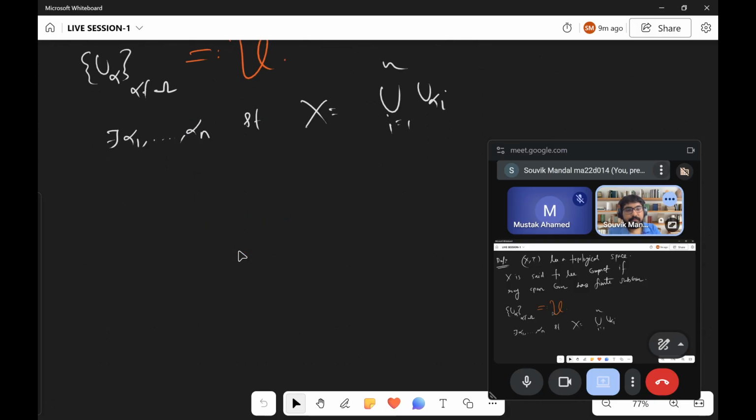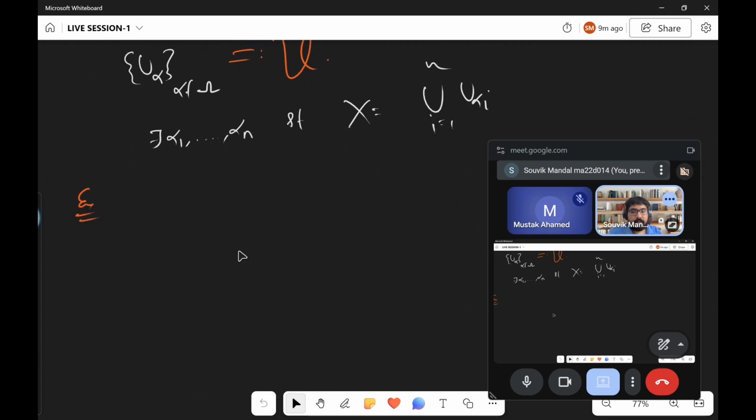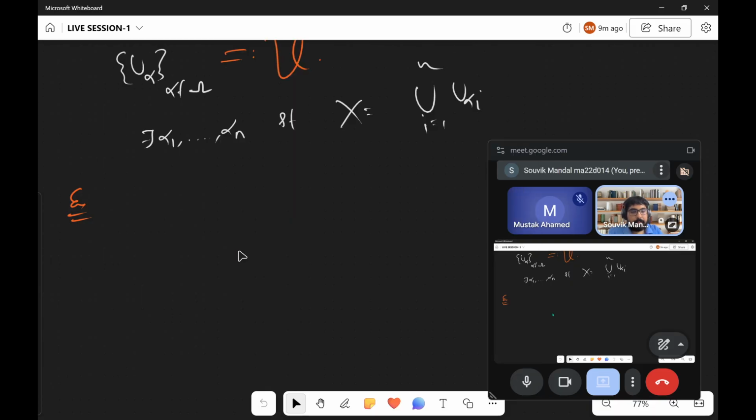However, the definition is there, but the reality is different, right? So for that, what do we need to do? For example, consider the real line R. Is it compact?